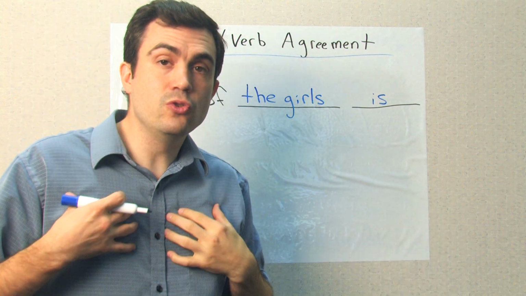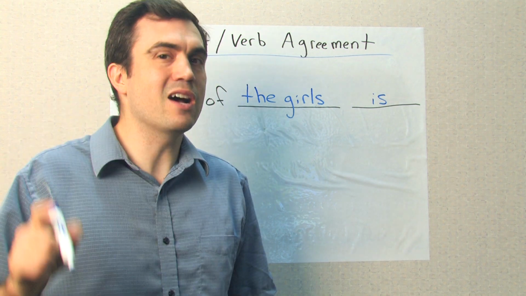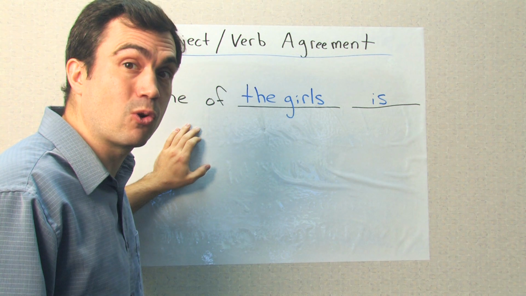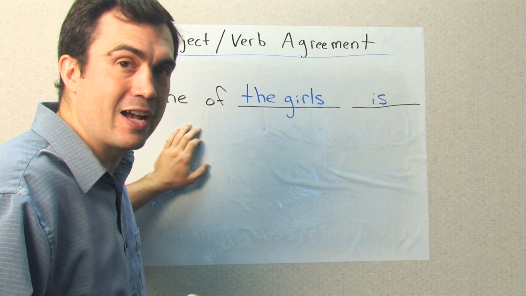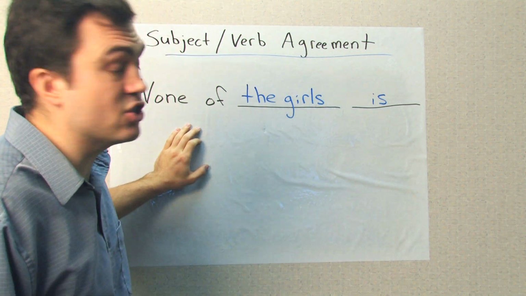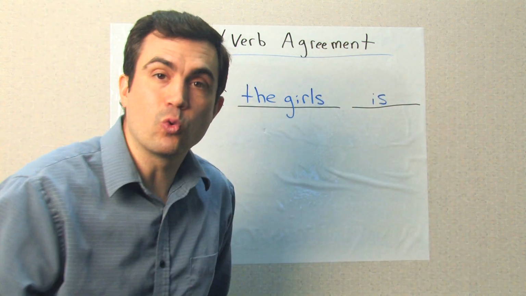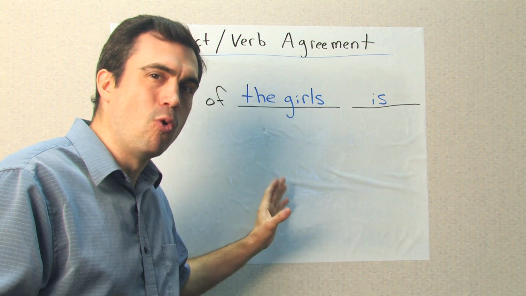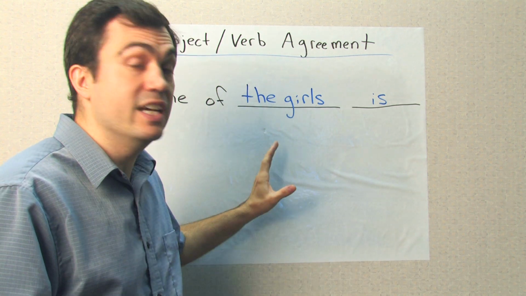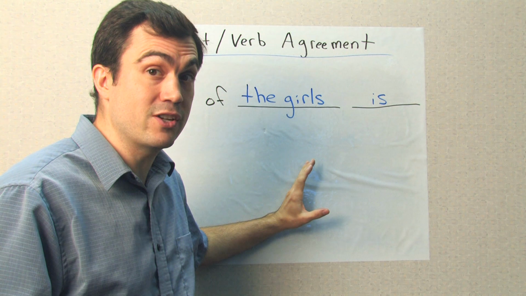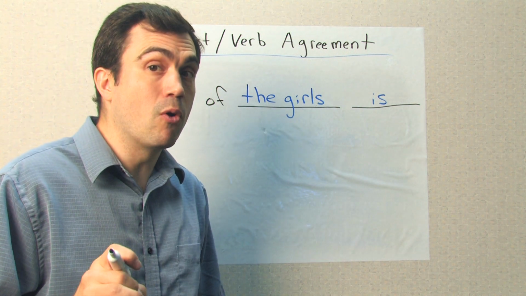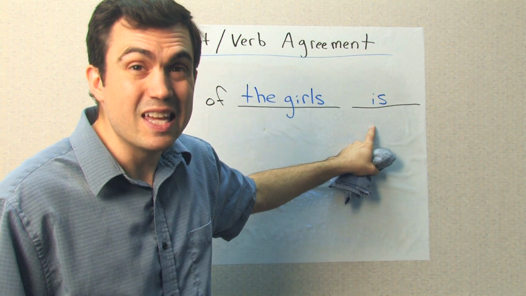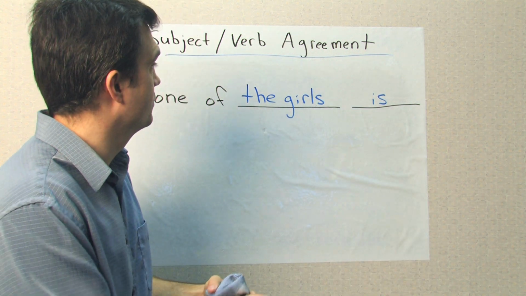Now, to you or me, that might sound wrong, but technically this is correct, but it's old-fashioned. So if your teacher marks this wrong, that's because this is the old-fashioned way. But if you want to be more modern, you're going to use are here, even for writing.